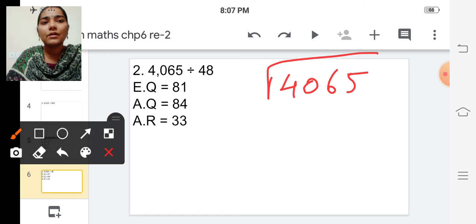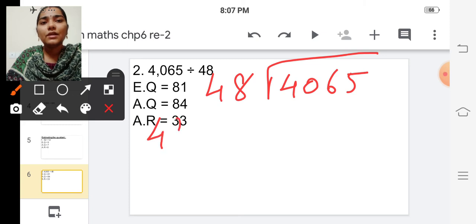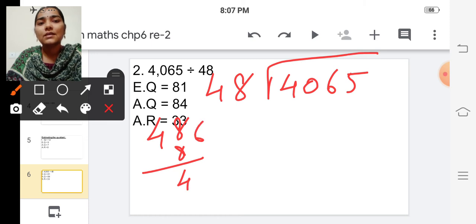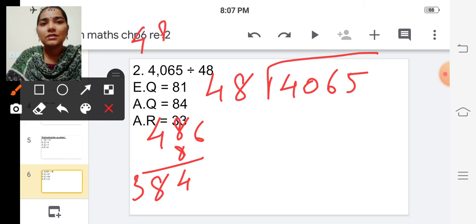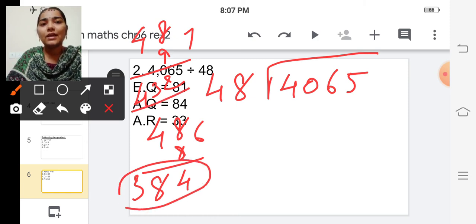So we have to take 406 divided by 48. 48 8s are 384. And 48 9s are 432, so it will go beyond 406, so we can take 8 times.